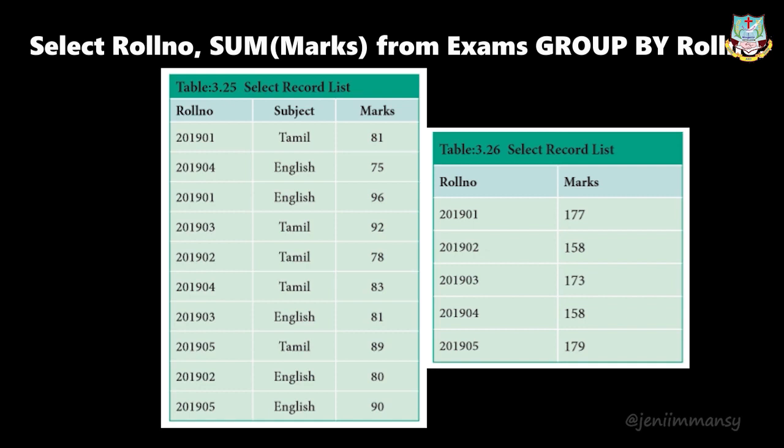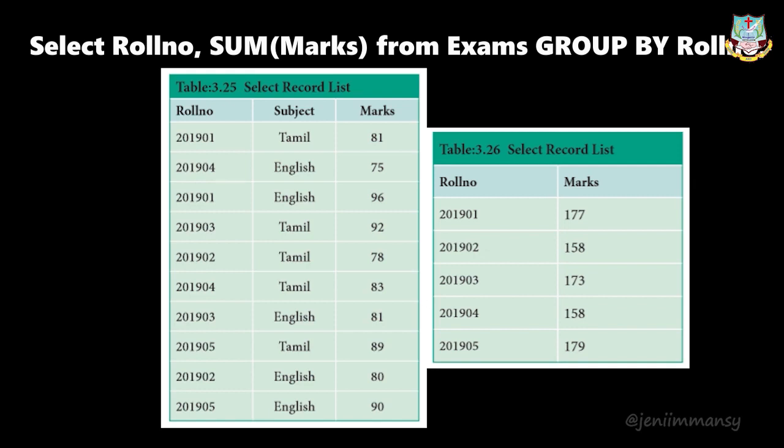So here we are using this group by. Can you understand? Select roll number and then sum in the bracket we are giving marks. So for a single roll number, the marks will be summed. Okay, the marks will be added, from exams group by roll number. That means roll number wise, the marks will be added up and we'll get the result.